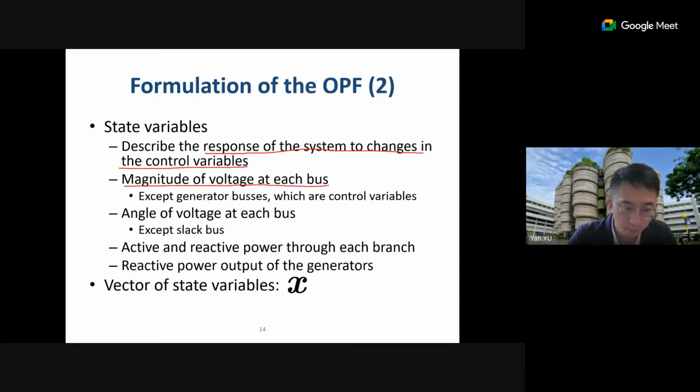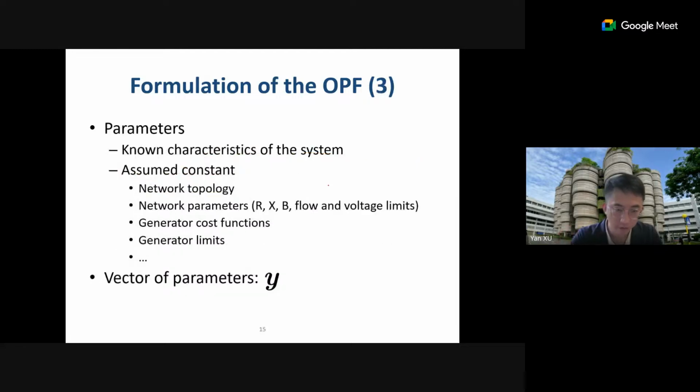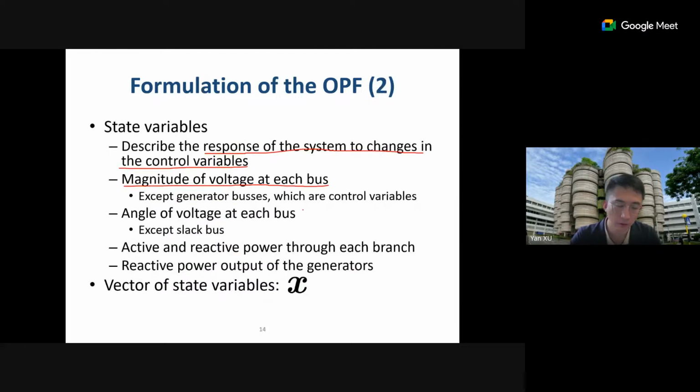Imagine that practically we cannot directly control the voltage magnitude of each bus. Instead, we optimize the generator output or the transformer tap changes to indirectly change the voltage magnitude. So that is the case.